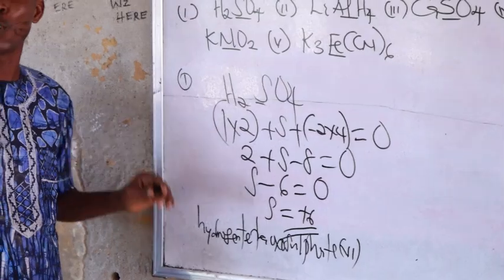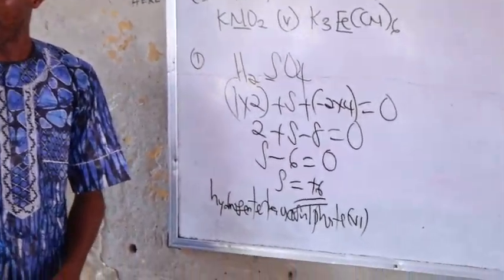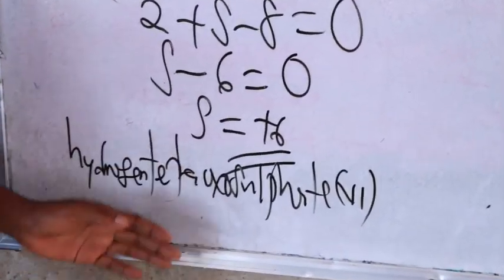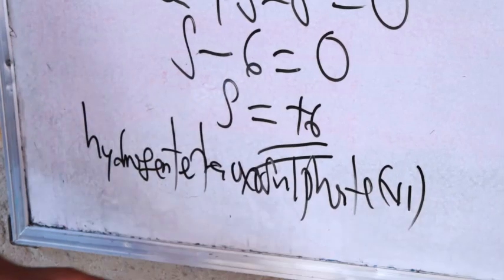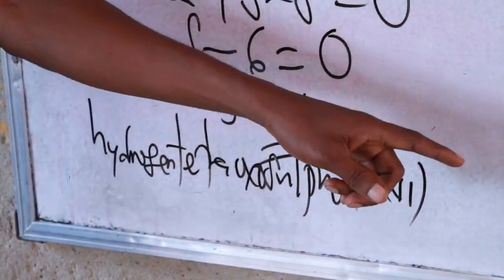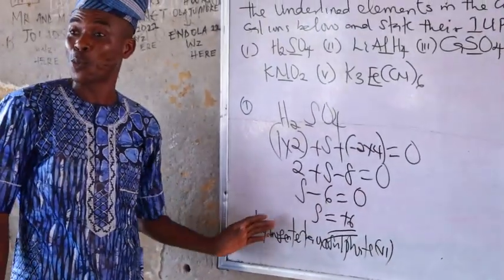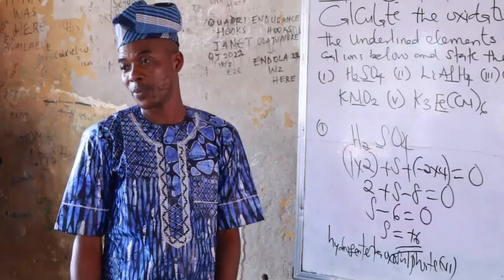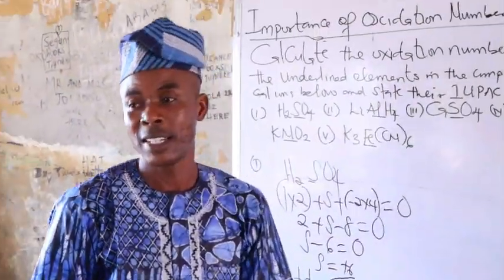You do not say hydrogen tetraoxosulfate acid. If you must omit the hydrogen, you put acid, and once the acid is there, you don't need to put the hydrogen. Are we together? Yes. That is important.